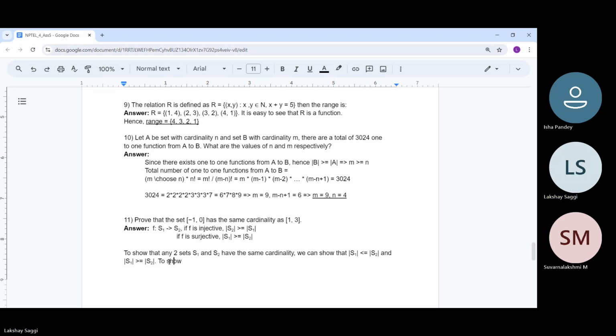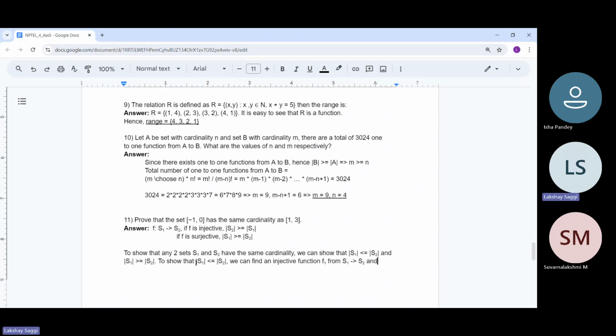Now, to show that cardinality of S1 is less than or equal to cardinality of S2, one trick that can be employed is we can find an injective function from S1 to S2. So suppose we find an injective function f1 from S1 to S2.